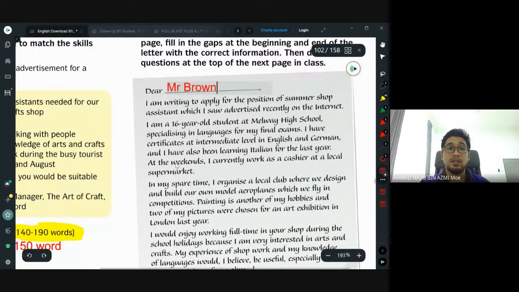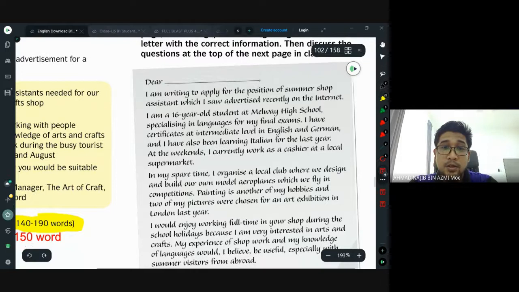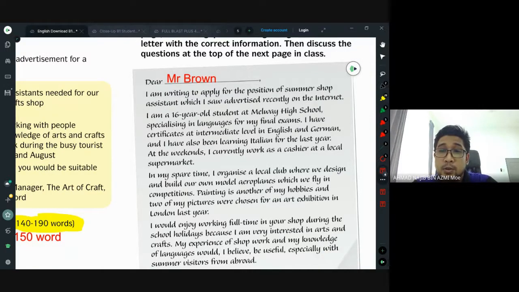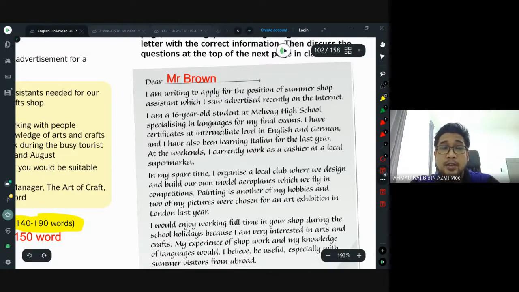So Mr. Brown. I'm writing to apply for the position of summer shop assistant, which I saw advertised recently on the internet. So if you read this, is the language the same as you are writing to a friend? Sama tak?